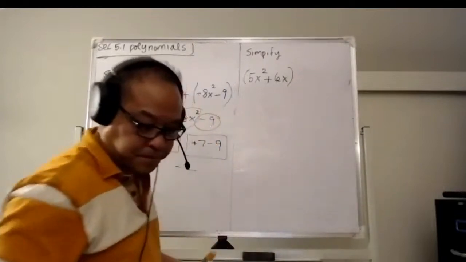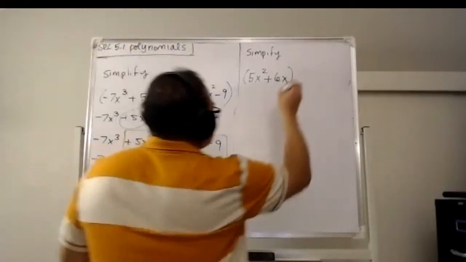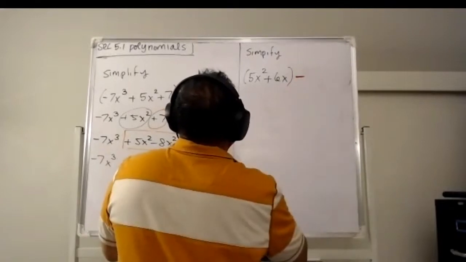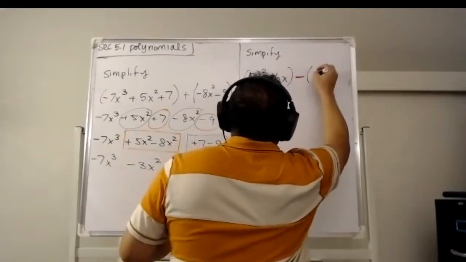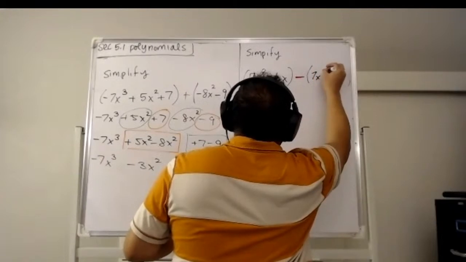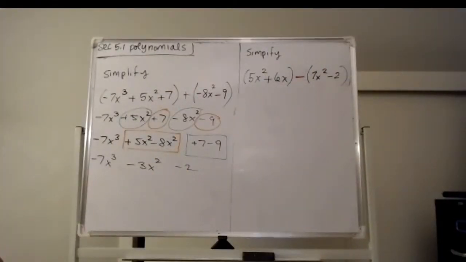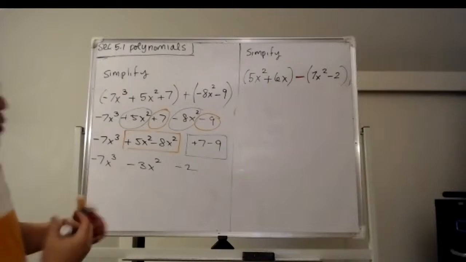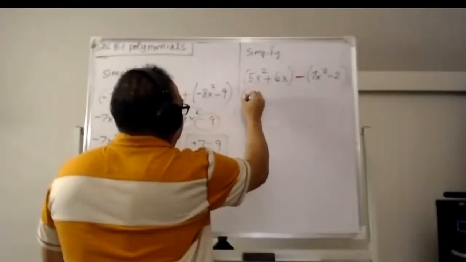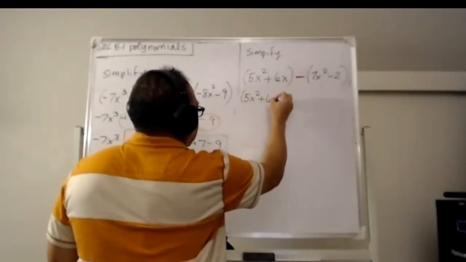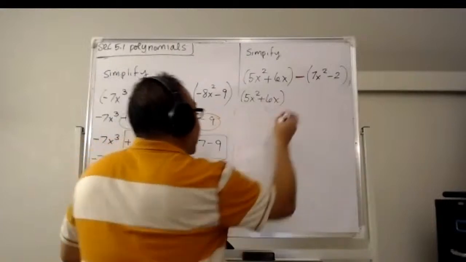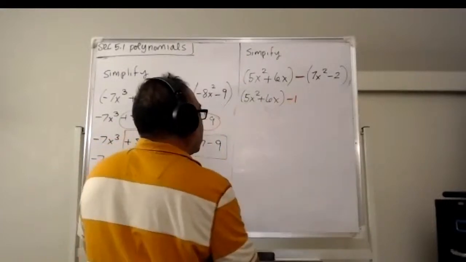Now, when I have the subtraction there, what's really going on is that I have 5x squared plus 6x, and I have like a -1 that I have to distribute.